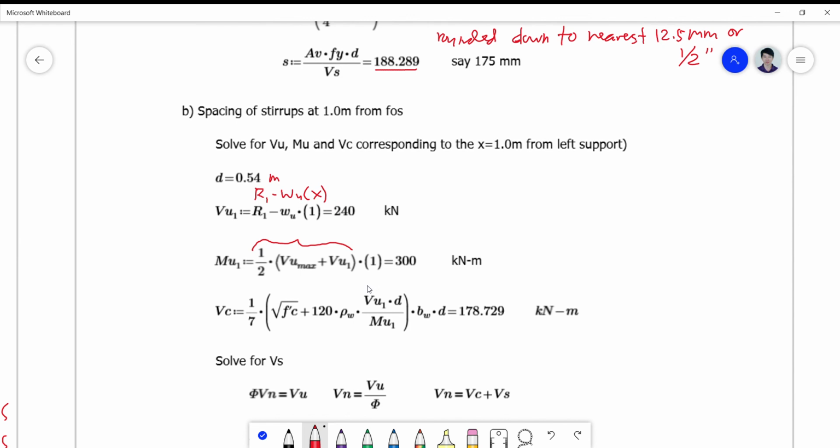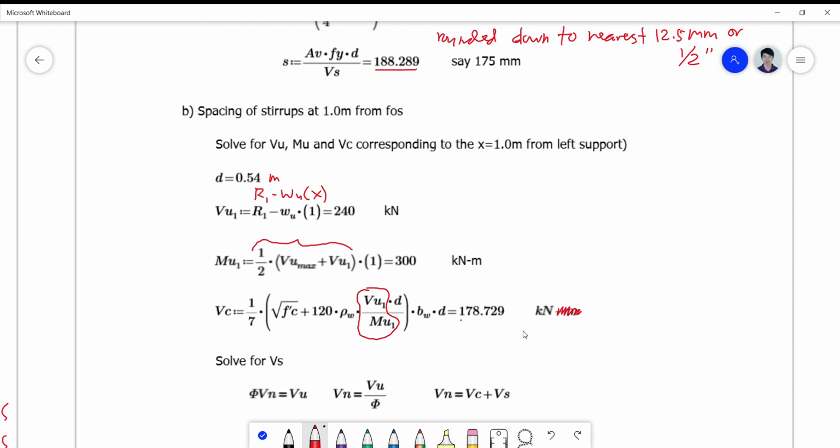For the Vc requirement again, this part here is the one that changes, and simply substituting 240 all over 300 here, we obtain the contribution of concrete in terms of shear strength, which is 178.729 kilonewton. So the unit is only in kilonewton.